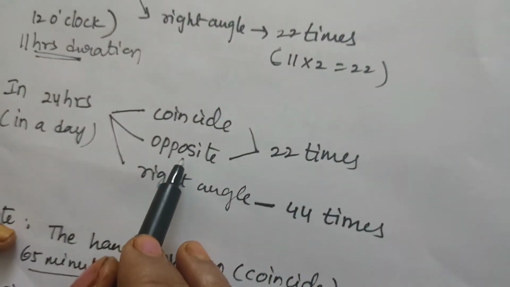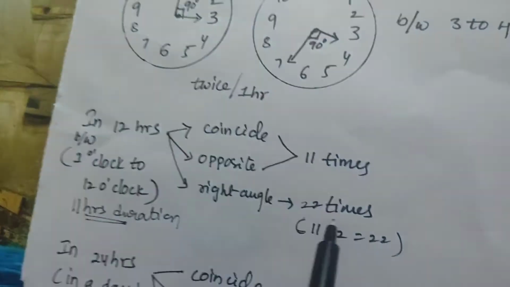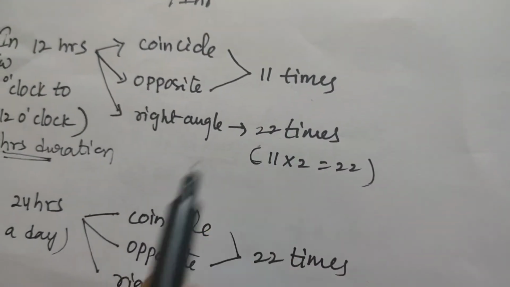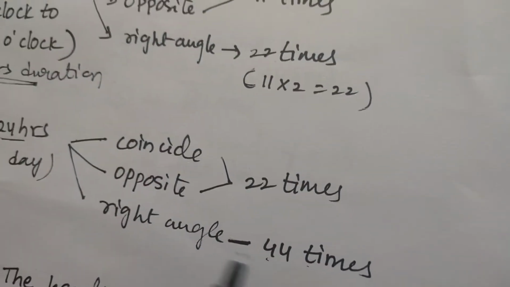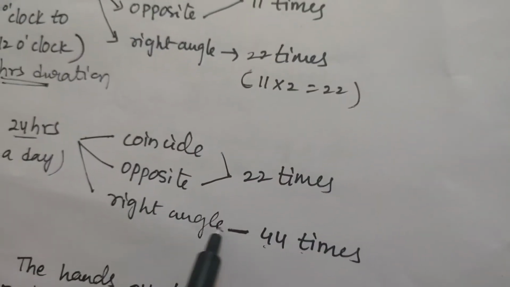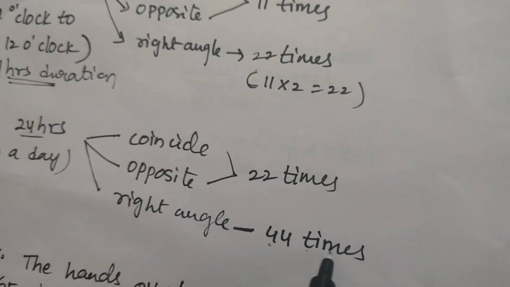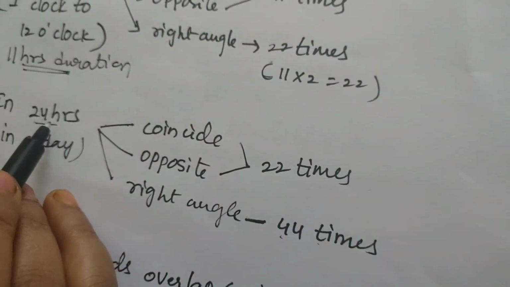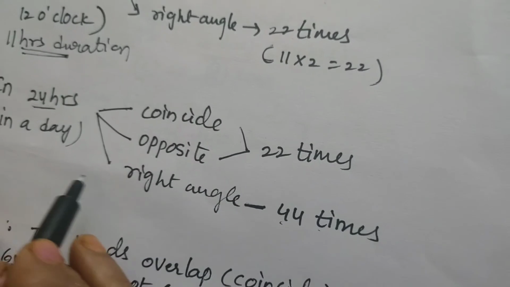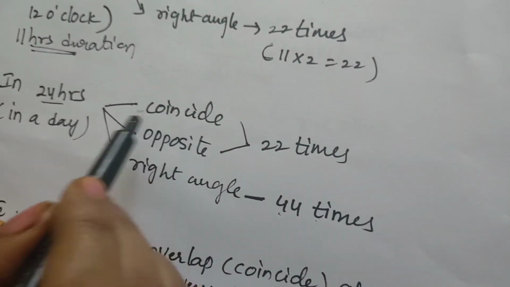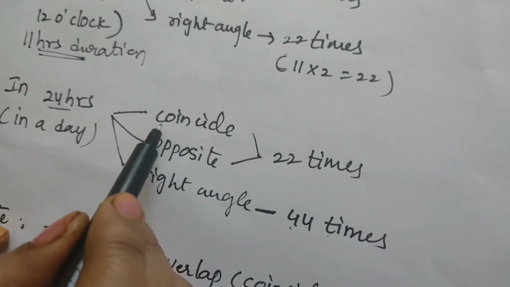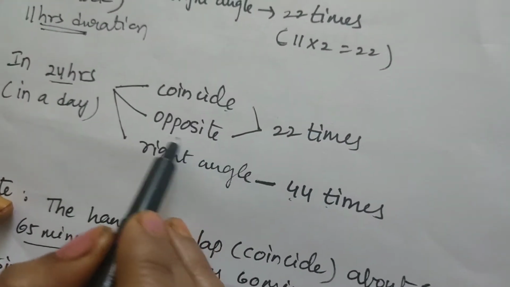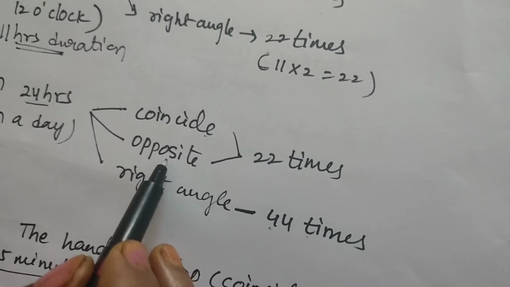So in 12 hours it will be 22 times, and in 24 hours it will be 44 times. How many times will it be at right angle? 44 times in 24 hours. So in 24 hours, that is in one day, the hands coincide and are in opposite direction 22 times each.